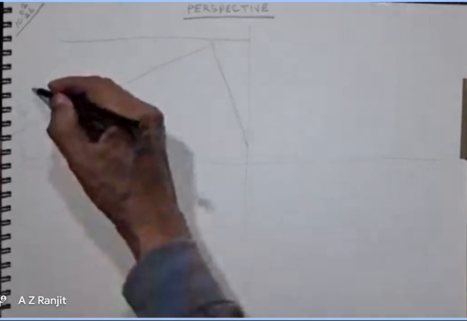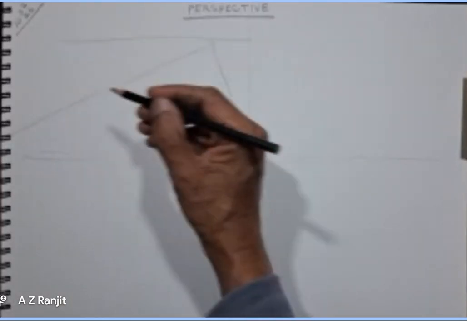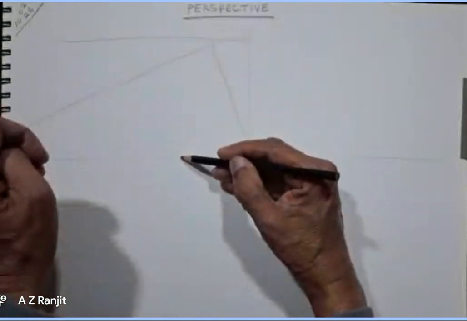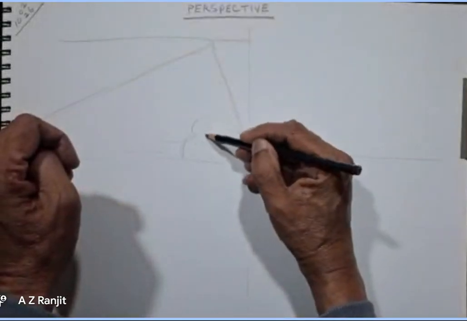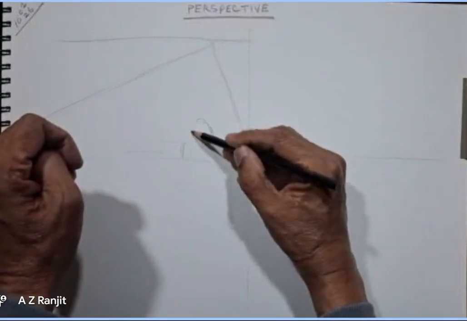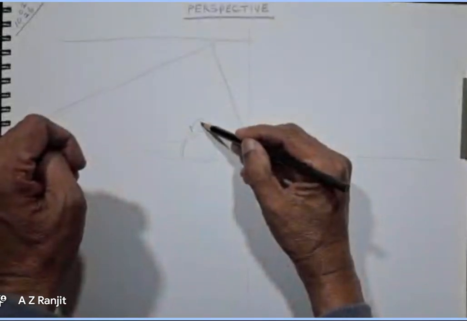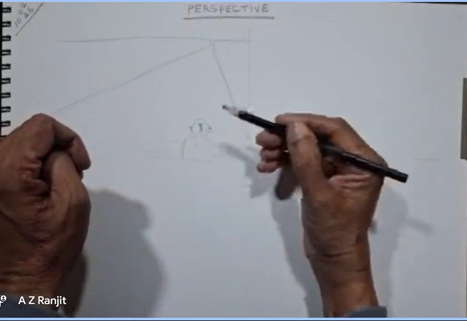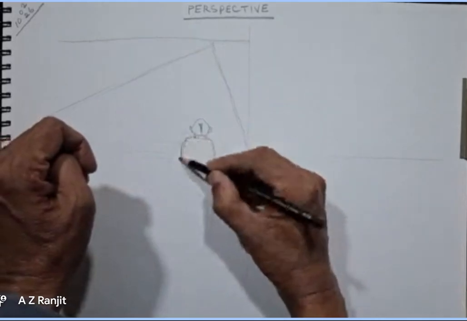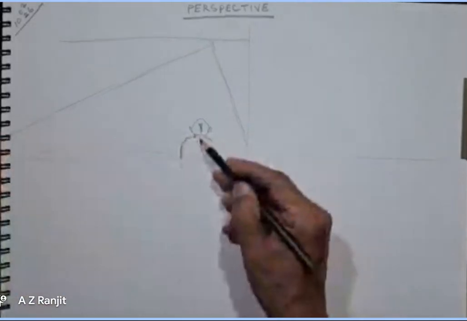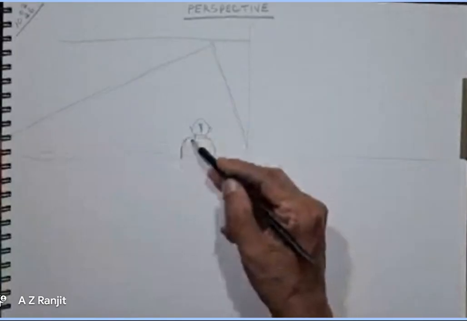Now I'm going to draw a few people. That is somebody who is, my camera is here. Okay, my camera is here. And there is somebody who is standing right in front of my camera. Okay, that's the person standing right in front of my camera.